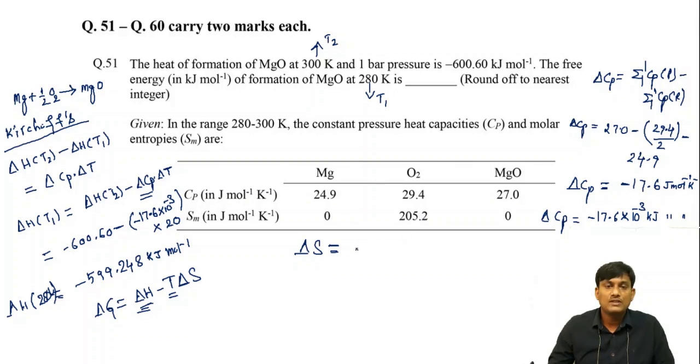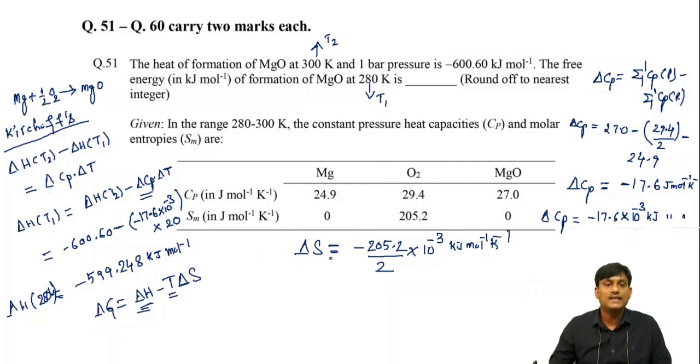So this one is equal to minus 205.2 divided by 2. You have to divide with 2 since the amount of O2 is half mole. And this is in joules. When you convert it into kilojoules, you have to multiply with 10 to the power of minus 3. So you will get kilojoule mole inverse Kelvin inverse. This is the delta S.